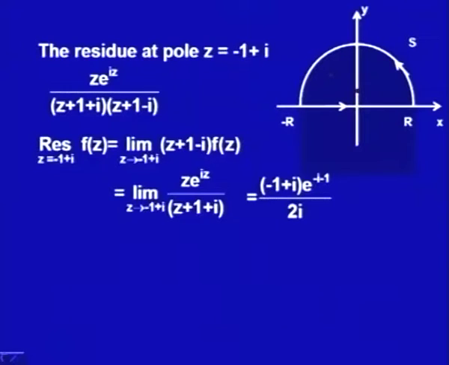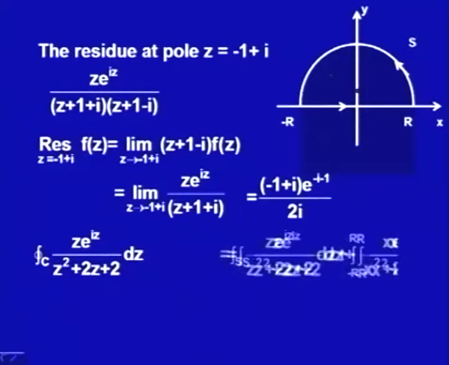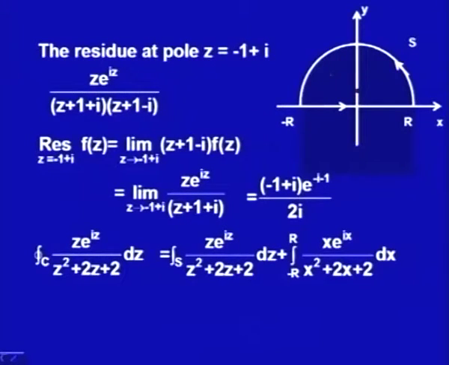So, using our residue theorem, the integral along this closed contour C, which consists of the semicircle S and the real line from minus r to plus r, can be subdivided into the integral over the semicircle S of the function z e to the power iz upon z square plus 2z plus 2, plus the integral from minus r to plus r of the function f(z).